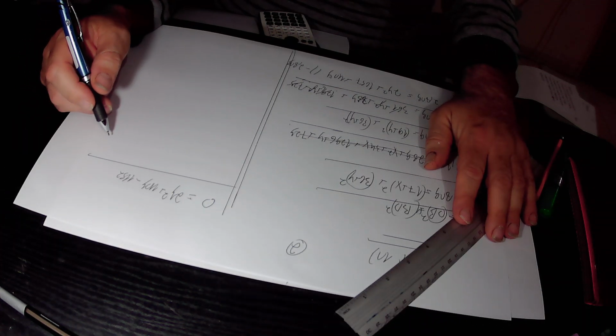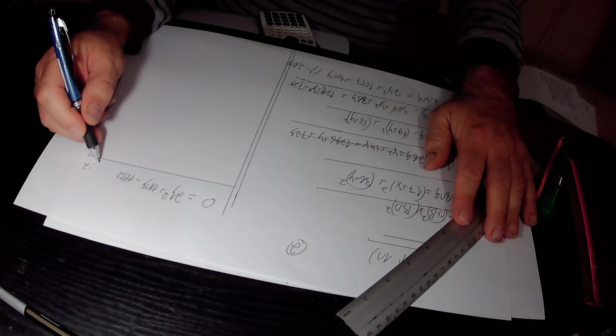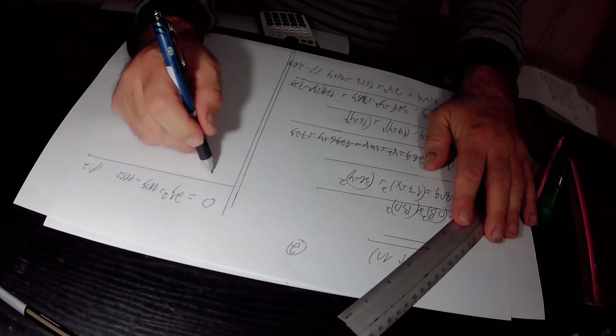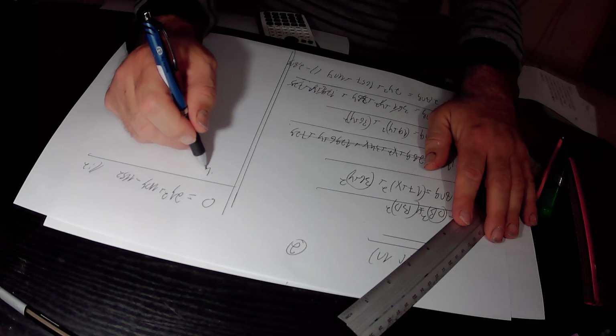Here we divide this equation by 2 and get that 2y squared over 2 is y squared.